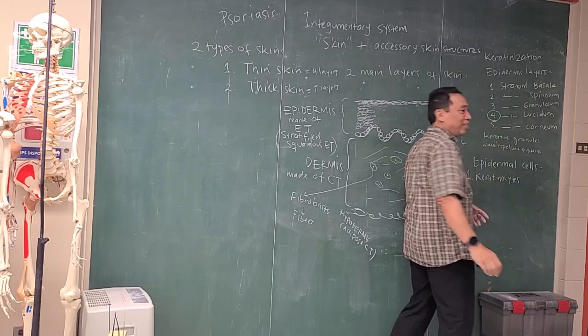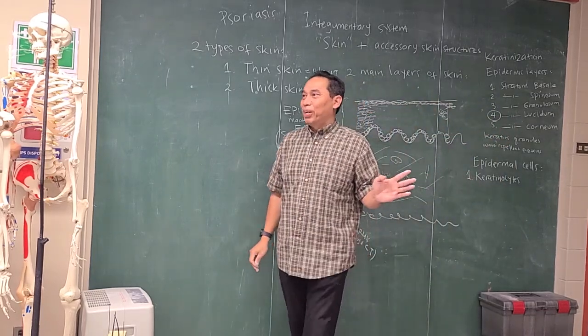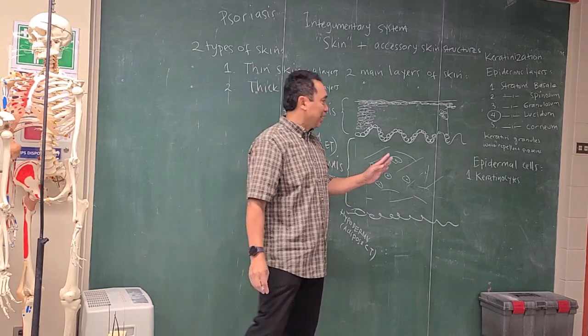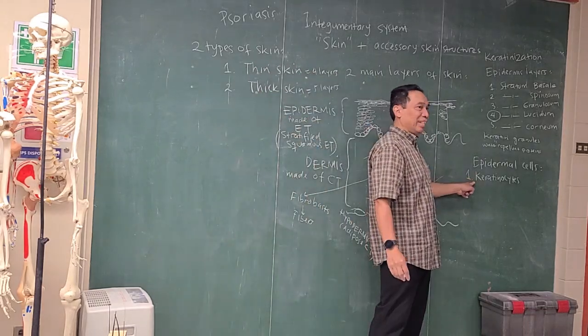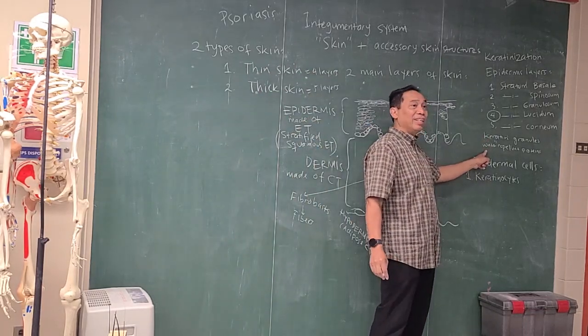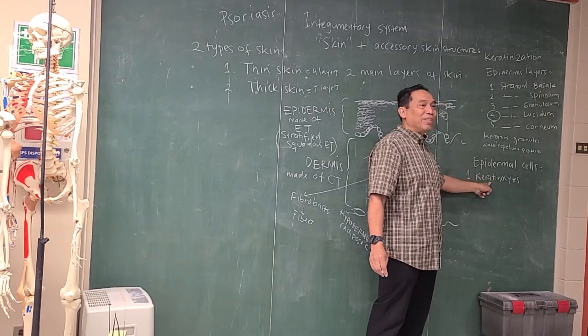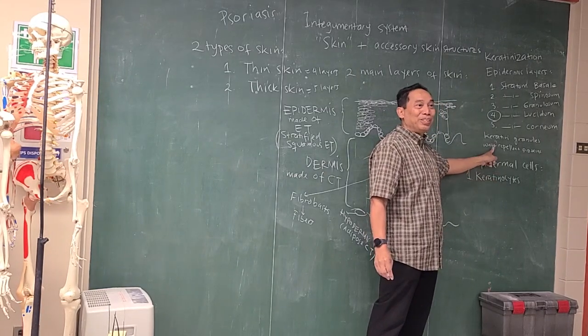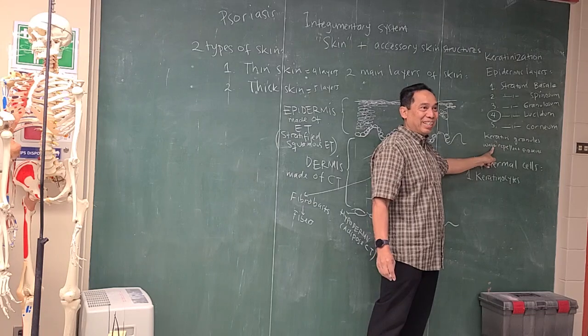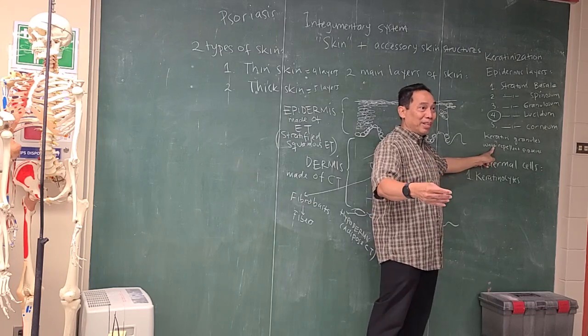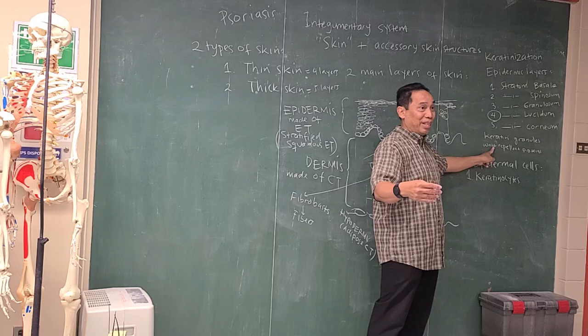Okay, now the name is actually telling you something. What does cyte mean? Cell. What is keratin? What is keratin? A water-proofing protein, right? So what is the function of the keratinocyte? Produce this protein. Remember, cells are able to produce protein. They have what? Ribosomes. Right?